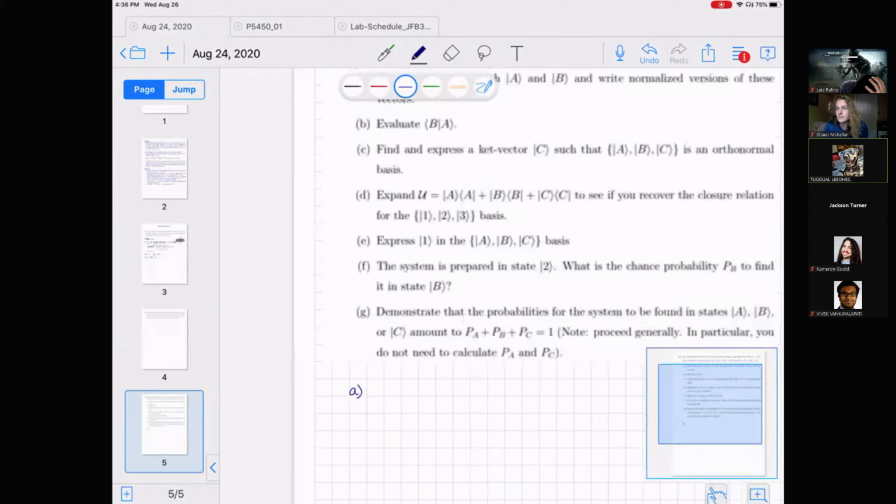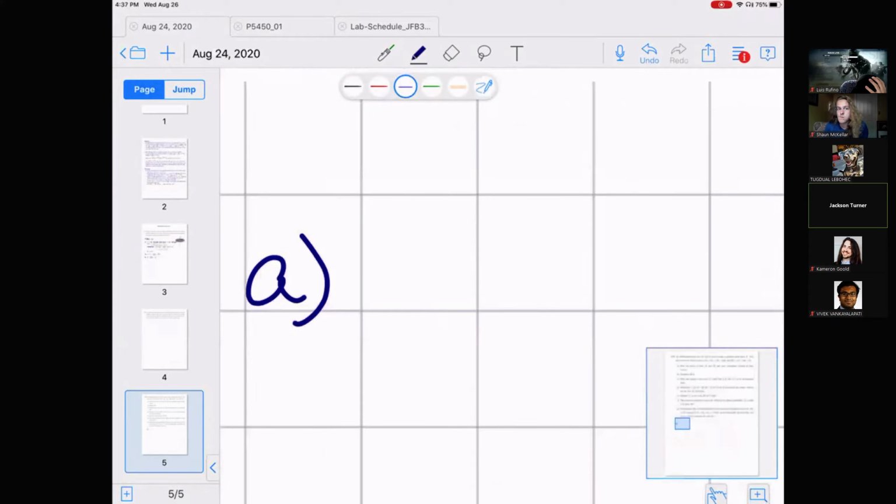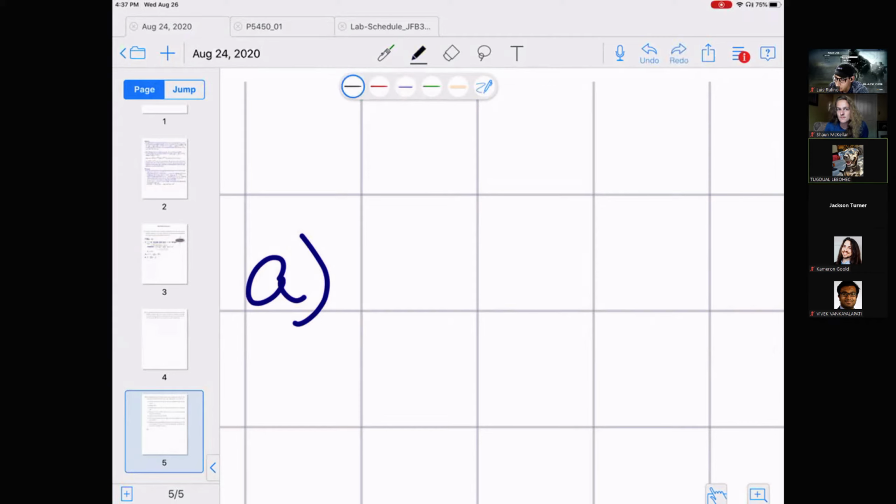So for the norm of ket vector A, would you write the square root? Yes, the square root. 2 squared.